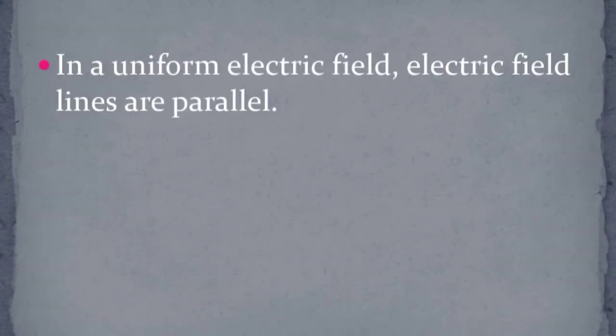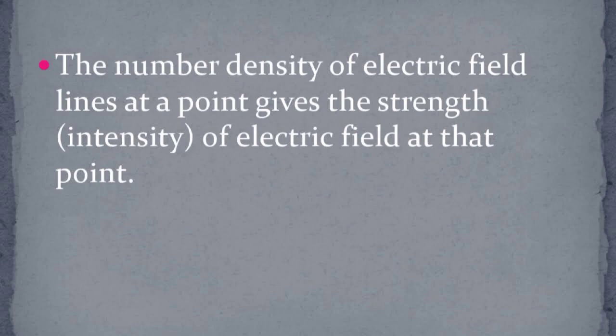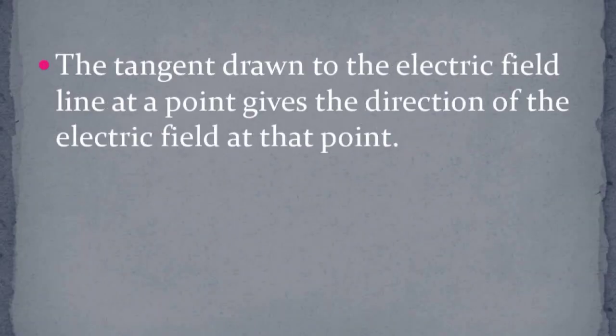In a uniform electric field, the lines are parallel. The tangent drawn to the electric field line at a point gives the direction of the electric field at that point.